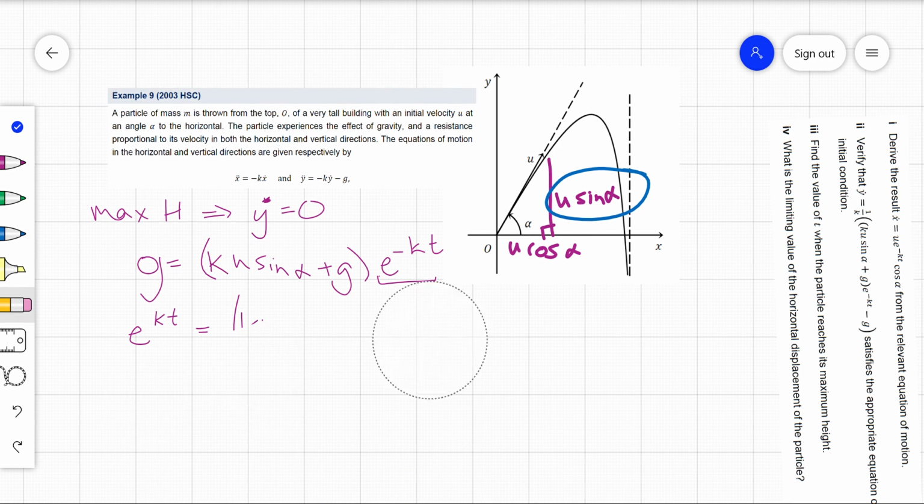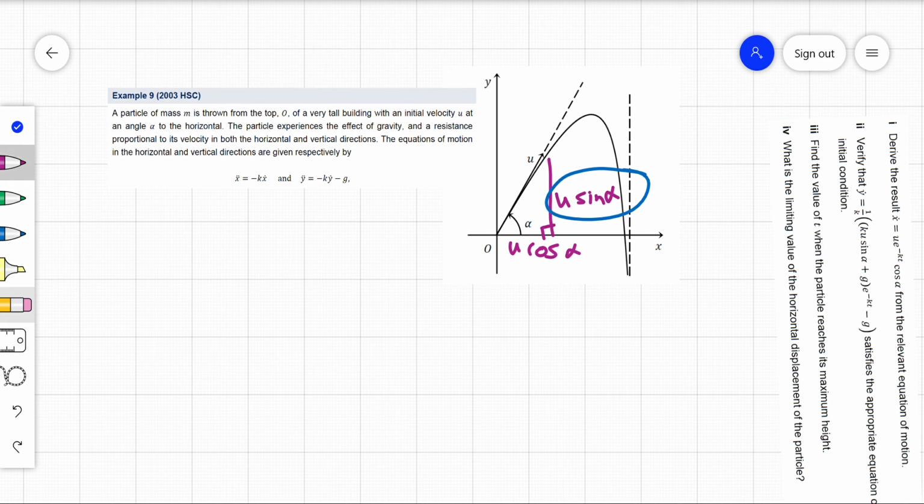All right, and then if I look at the next bit, what is the limiting value of the horizontal displacement of the particle? So limiting value, we're talking about as time goes to infinity. And what's happening to the horizontal displacement? We're interested in x here. So what is x equal to?